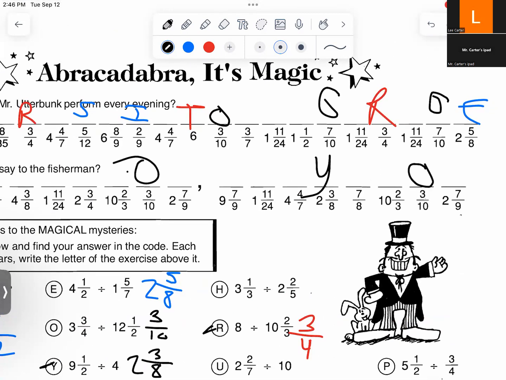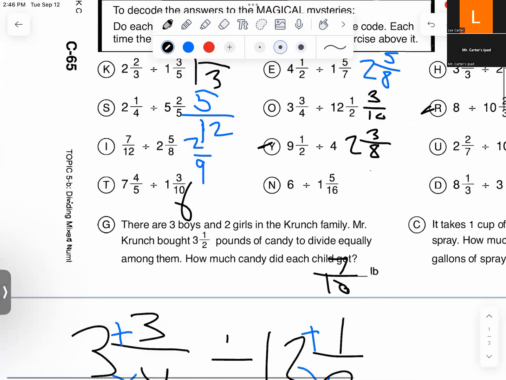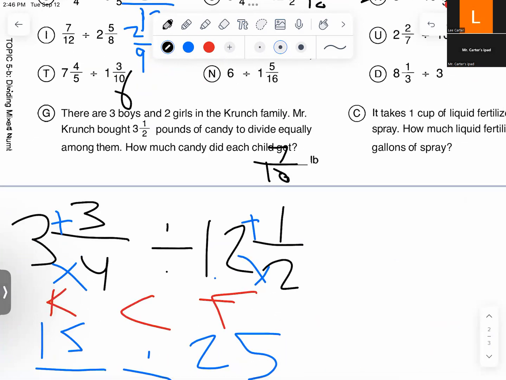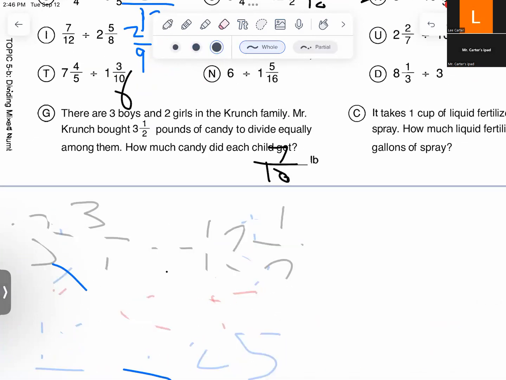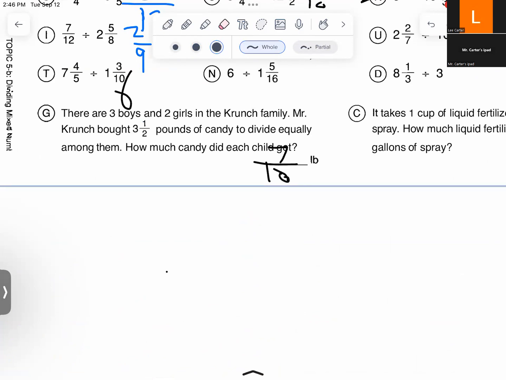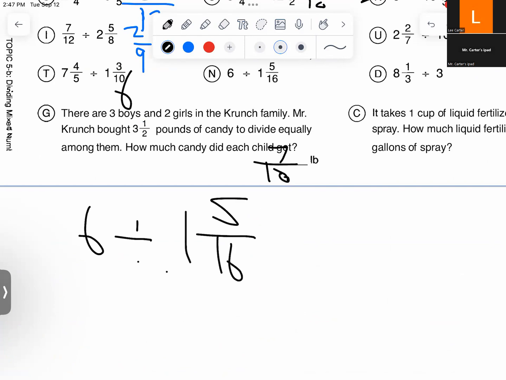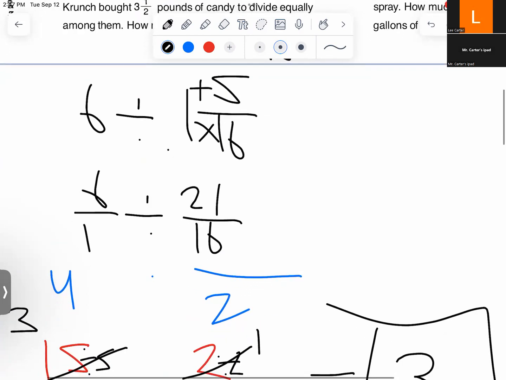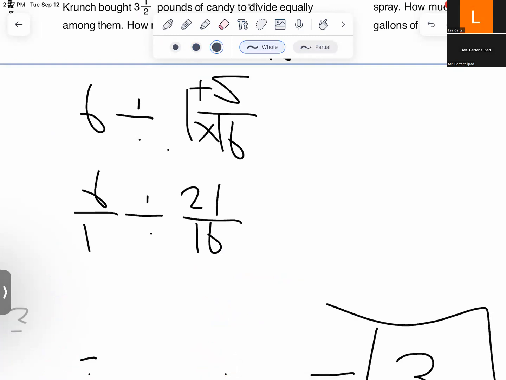All right. And 6 divided by 1 and 5/16. So 6 over 1 divided by 21/16. Get rid of all this mess from the last problem.